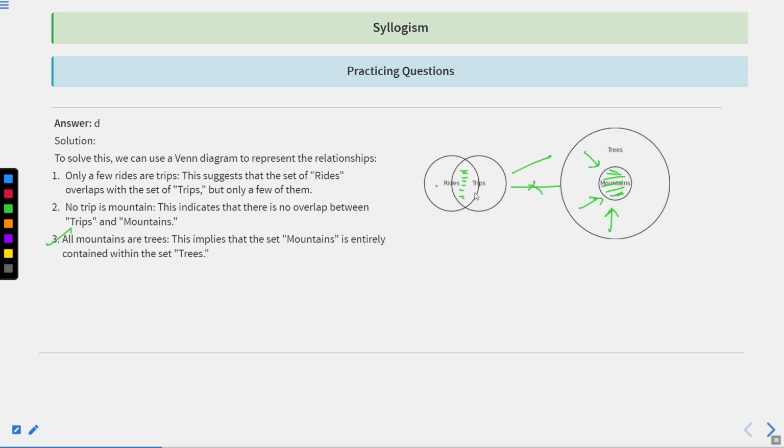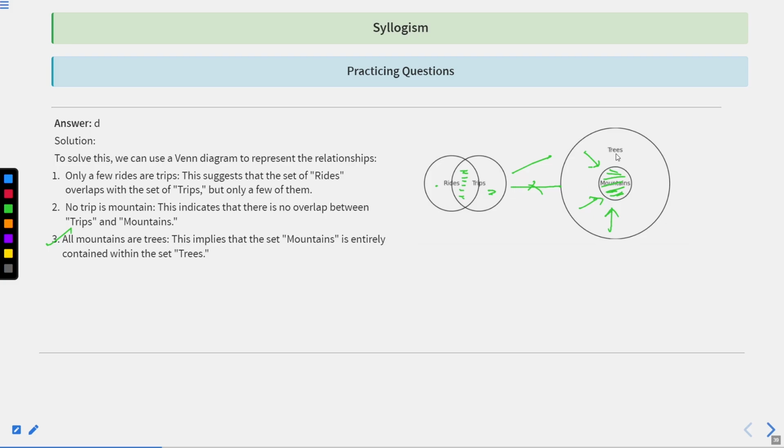Now there is a link between trips and mountains, that is, no trip is a mountain. What we can understand from this particular Venn diagram is that all the mountains are trees, correct?